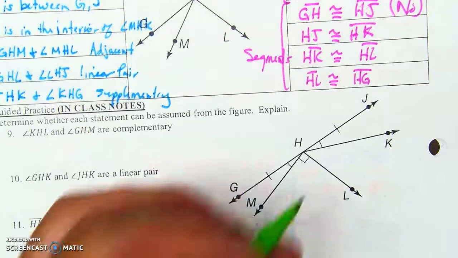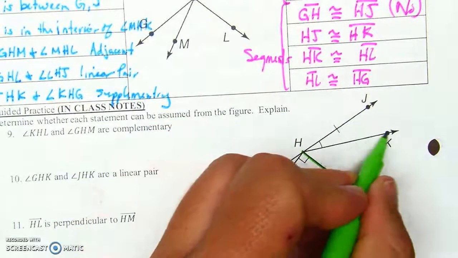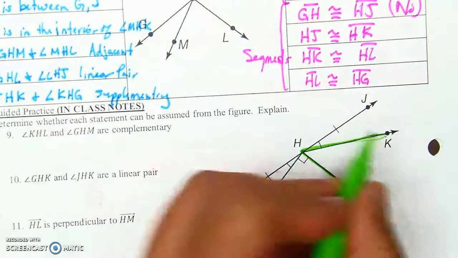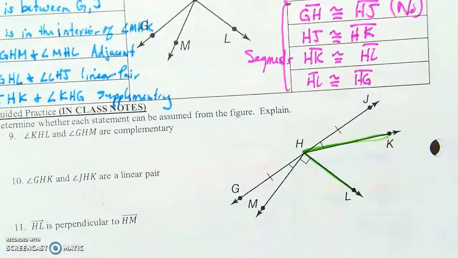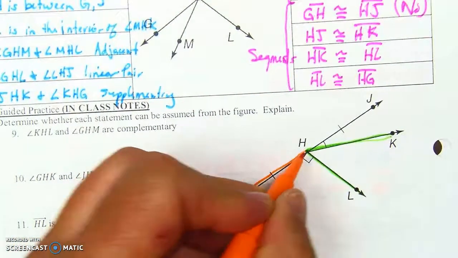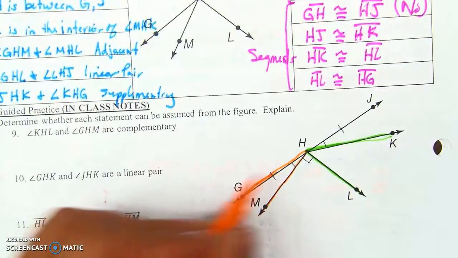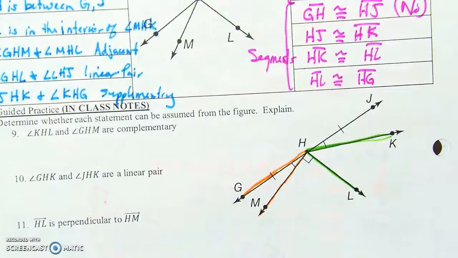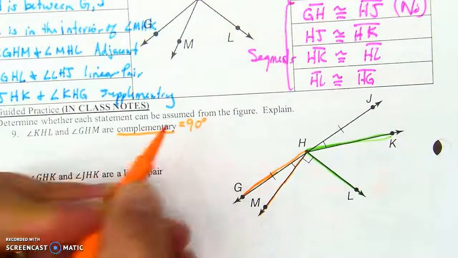KHL is complementary to GHM. So we want to know this one here. Complementary means that together they have to equal 90 degrees.